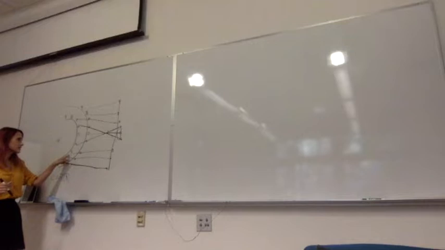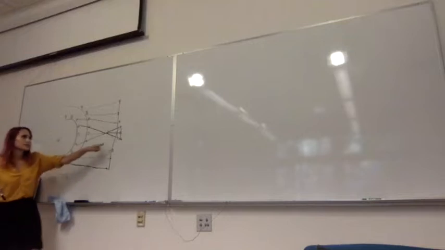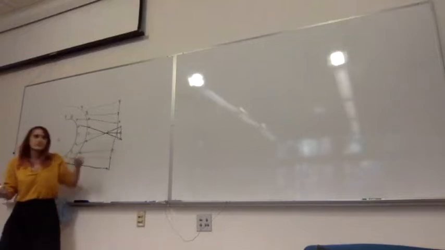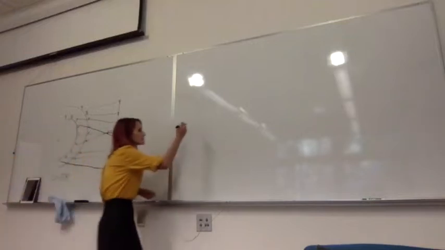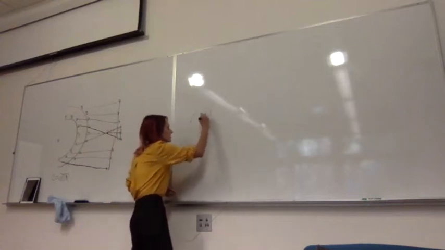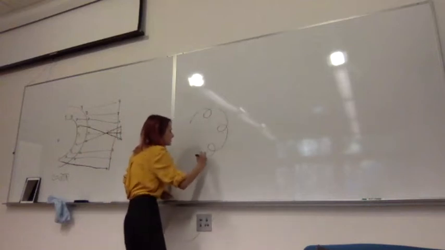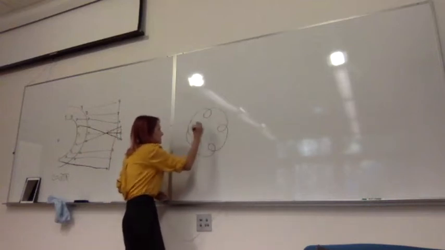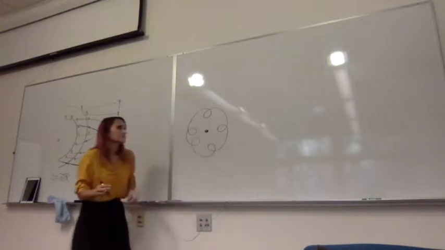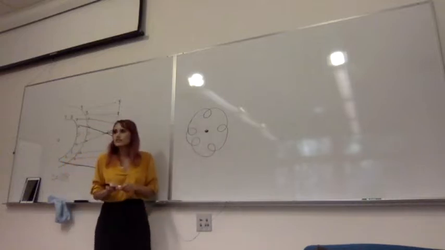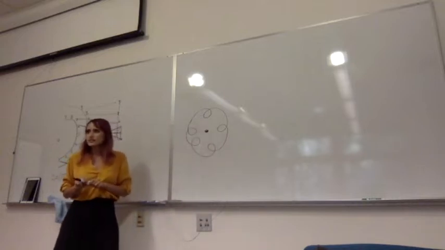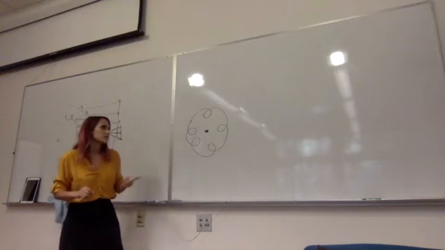But when they thought that Mars was going around the Earth, it was like, well, why does it look like this? So they thought the planets actually had orbits that looked like this around the Earth. They call these epicycles.